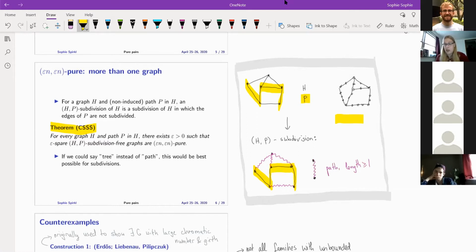So this could work. And we didn't prove that, but we did prove that you can pick your favorite path and say, I'm only going to do subdivisions that don't subdivide my favorite path. But for more than one graph, this is somewhat close to the best we can do.